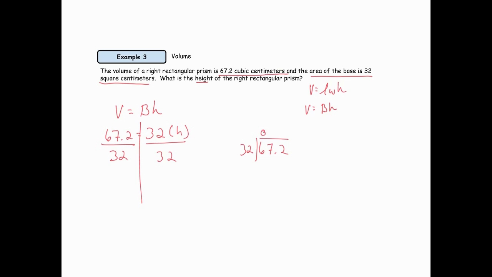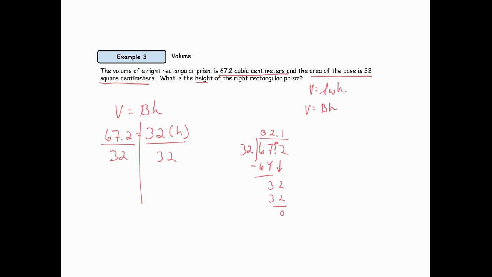32 goes into 6 0 times. 32 goes into 67 twice. That becomes 64. Subtract to get 3. Bring down the 2. Bring your decimal straight up. 32 goes into 32 one time, and that's an even 32, leaving us with 0 as our leftover.